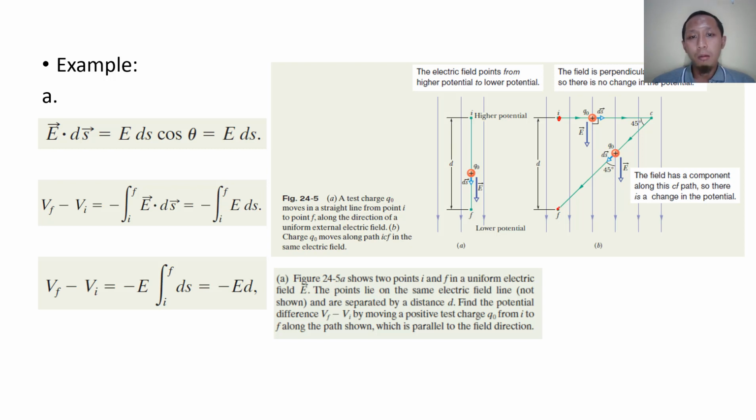B: charge q0 moves along path i, c, f in the same electric field. Okay, so this is the initial point, and this is the f.